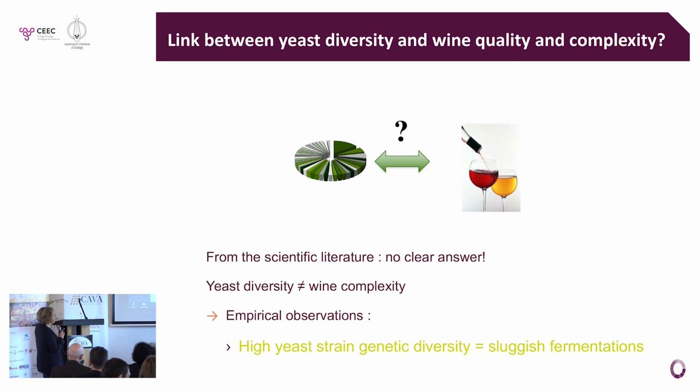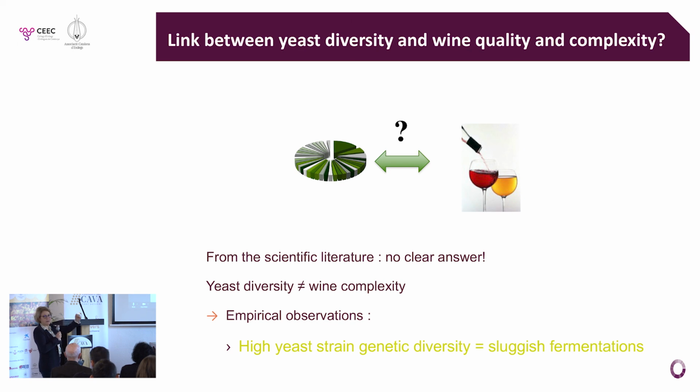So I must say that till now, from scientific literature, we don't have evidence that there is a link between yeast diversity and wine quality and complexity. These are two different concepts, and wine complexity is not so easy to define because it's not only related to the addition of many compounds.